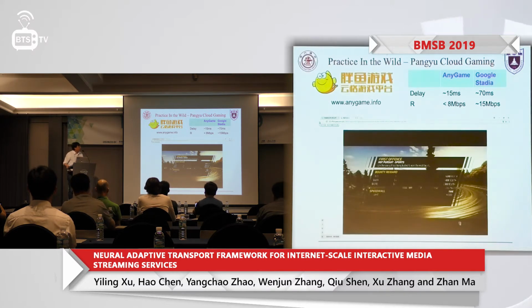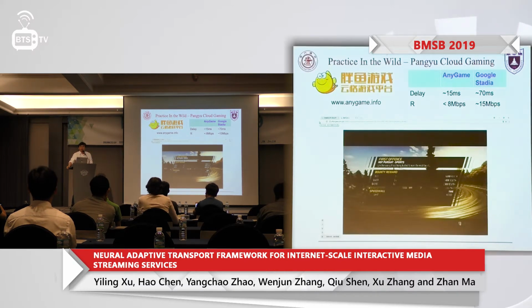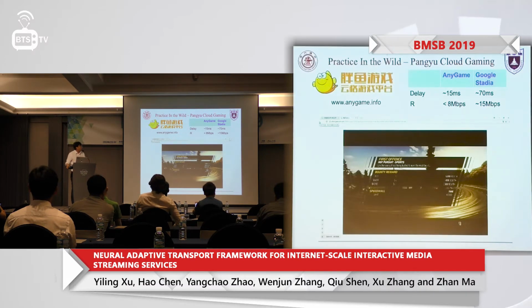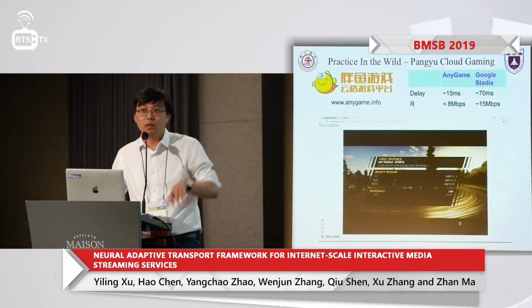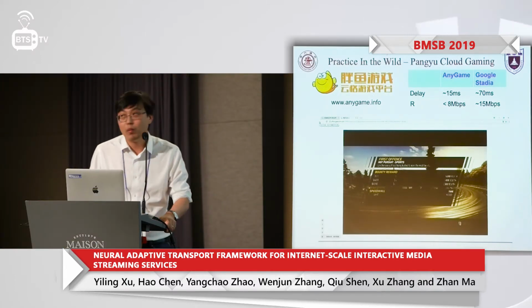For example, the Google Stadia delay is 70 milliseconds, and with our neural adaptive processing it is like 15 milliseconds. And for the bandwidth, the maximum is 8. Most of the time it's much less than 8 Mbps, and Google Stadia has around 15 Mbps.